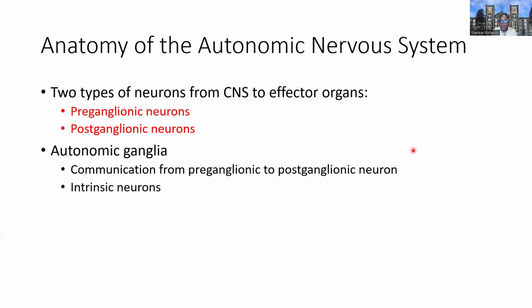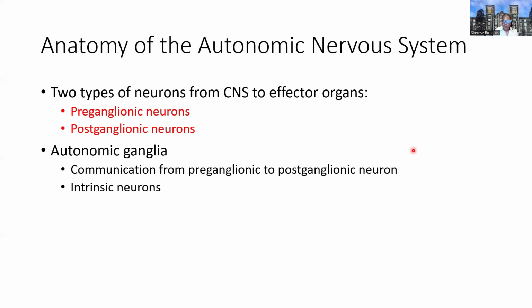Now, we also want to think about the intrinsic neurons. There are also intrinsic neurons that are helping to bridge the gap and the communication. But for the most part, think about our two neurons in series: preganglionic, ganglia, postganglionic. And what's a ganglia? Just to describe the term, a ganglia is a collection of cell bodies that's not in the central nervous system.